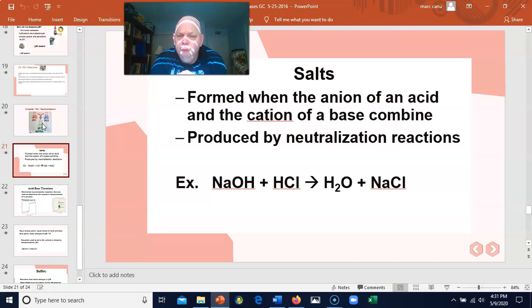Chevy Camaro. How about a Chevy Nova? Toyota Paseo, Toyota Corolla, Lamborghini Countach. All those are cars. Now, there are different kinds of cars, but they all fit under the category of cars or automobiles, if you want to use that. Salts in chemistry is another umbrella term.